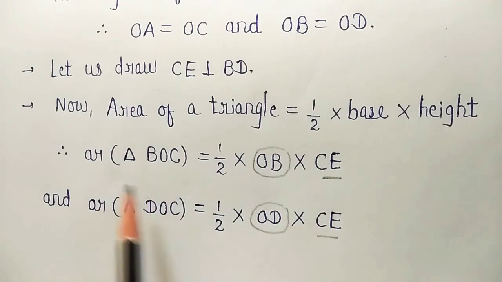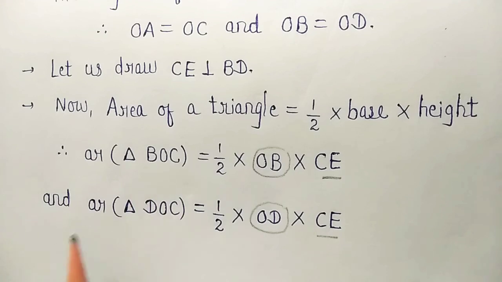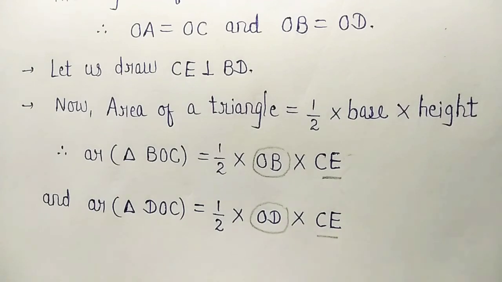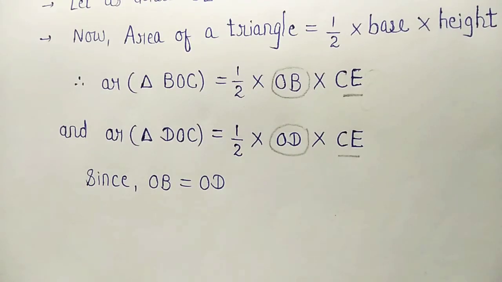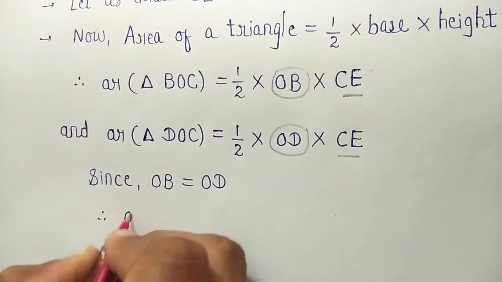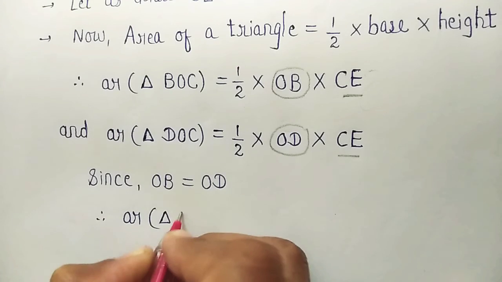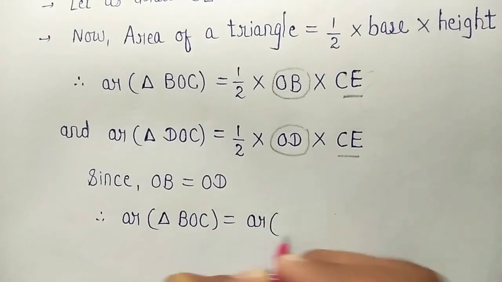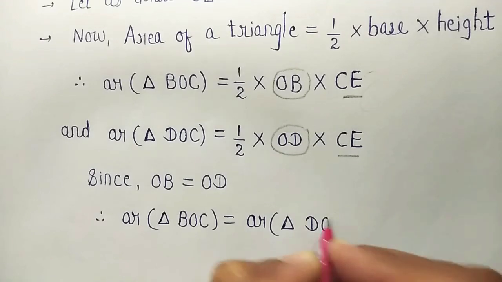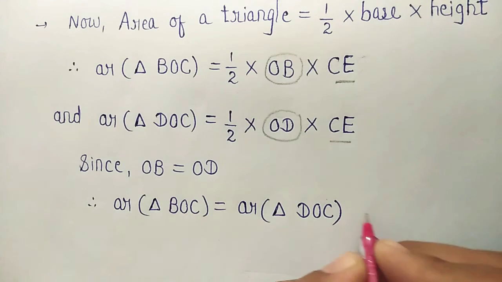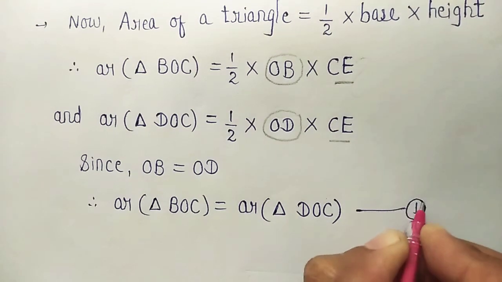We can write that area of triangle OBC is equal to area of triangle ODC, because all these things are equal. So since OB is equal to OD, we have area of triangle BOC is equal to area of triangle DOC. And this will be our equation number 1.